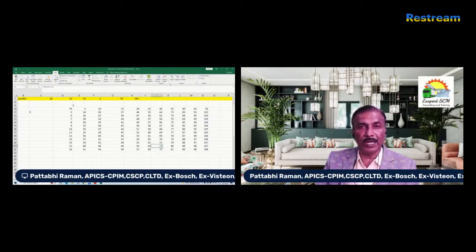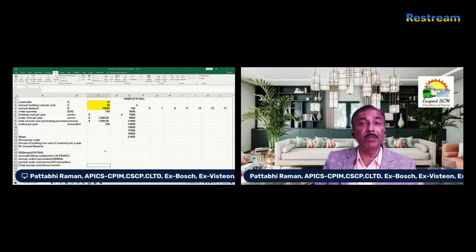In our program in supply chain analytics, we do different simulations and also do some optimization projects by using solver. You can see I have worked out a similar thing for EOQ, when there are different parameters changing, what will be the EOQ number?